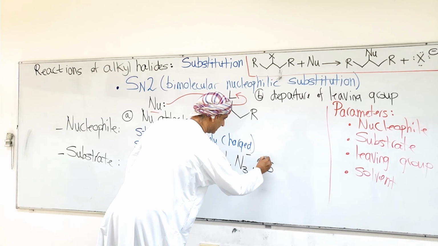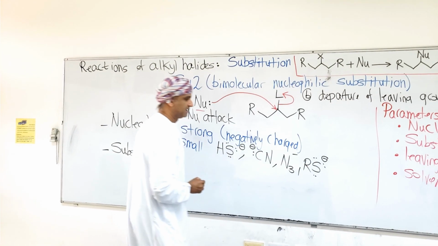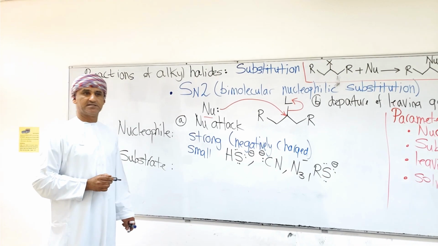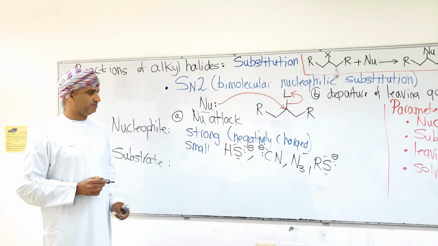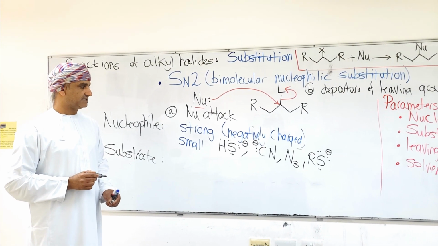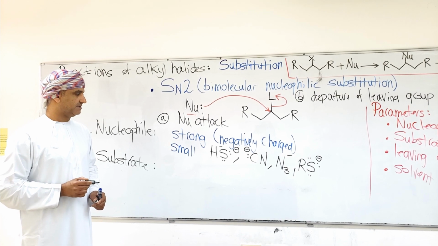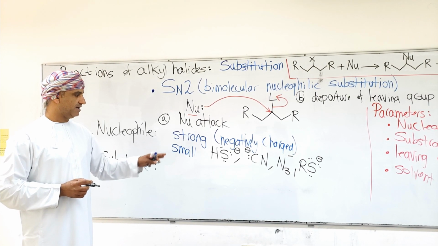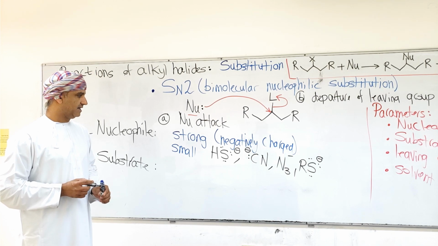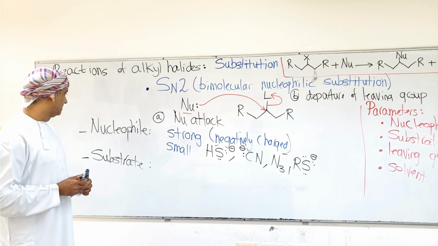Thiolates, alkyl thiolates coming from thiols, these are the conjugate bases of thiols. Thiolates are also important, powerful, excellent nucleophiles in SN2 mechanism. So these are examples of nucleophiles that are suitable in SN2 reactions.